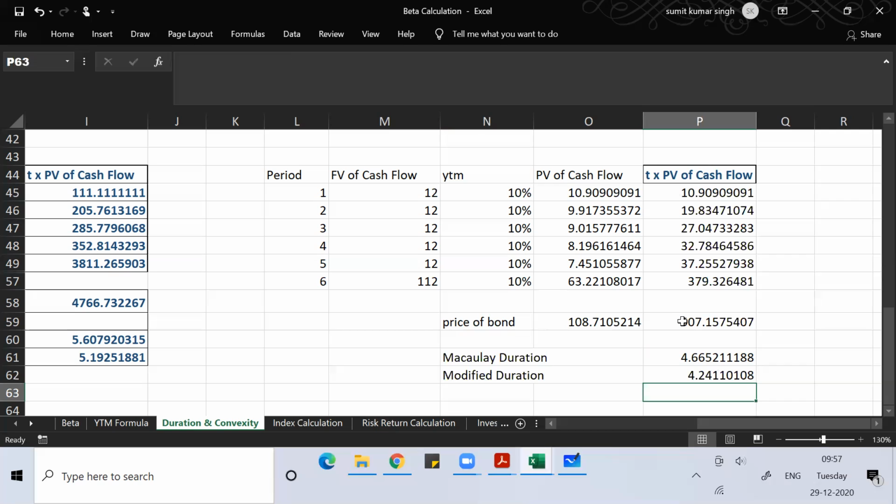So basically, whenever we talk about Macaulay duration, it talks about the time period when you get back your investment on the debt instrument. The other way you can understand Macaulay duration is as a payback. It talks about when you invest in the debt market, when you will get back your investment from the debt market.